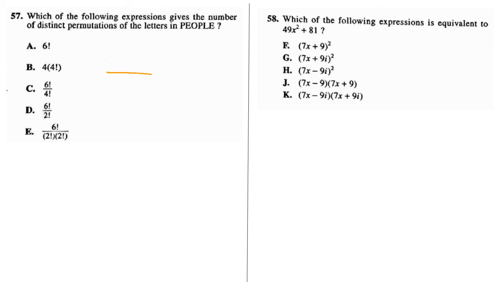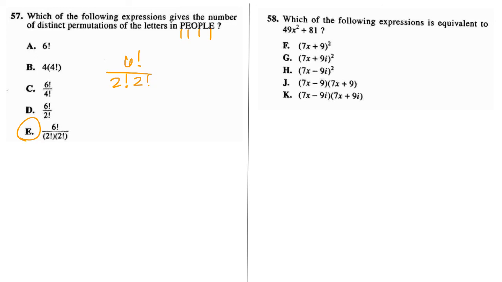People has 6 letters, so 6 factorial. Then you divide by the number of repeating letters. P is repeating twice, so 2 factorial, and E is repeating twice, 2 factorial. And so that's going to give us answer choice E.